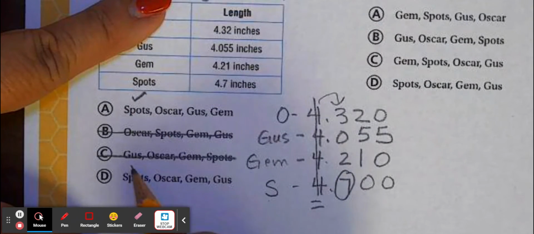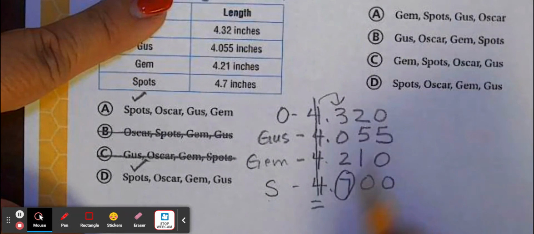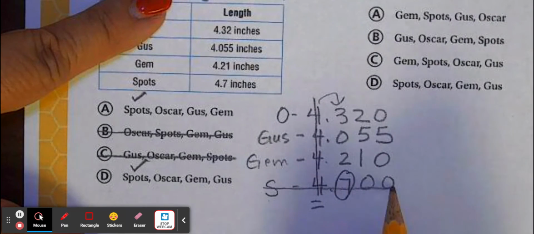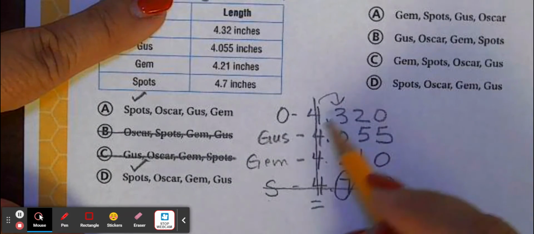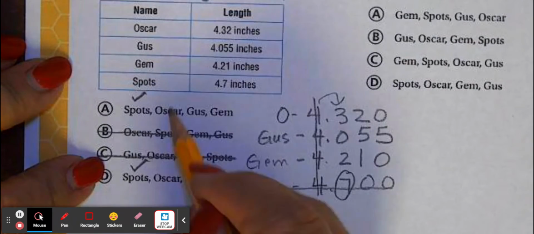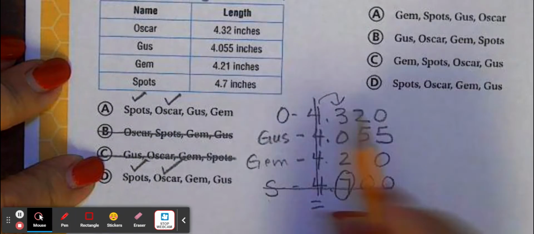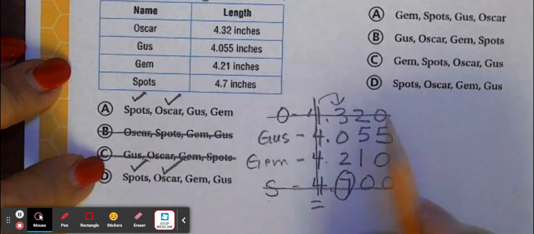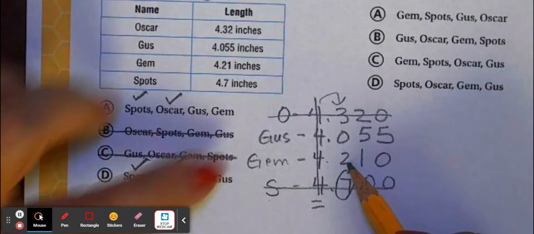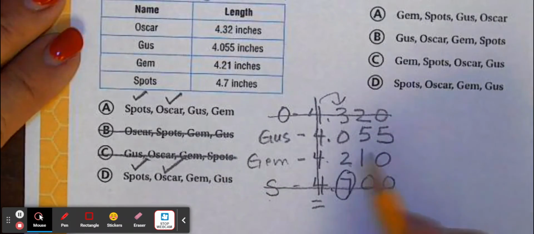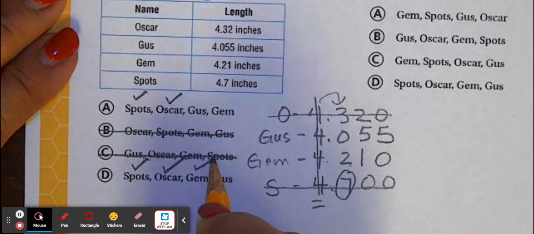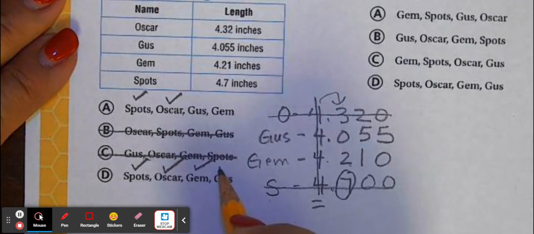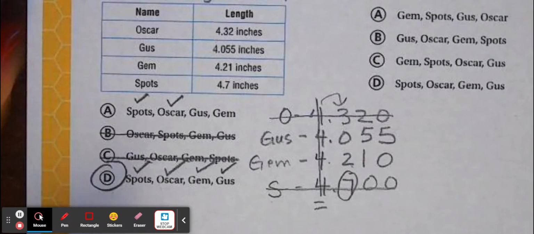This checks and this checks. The next one, I'm going to cross out. The next largest is Oscar, and I have Oscar here and Oscar here. The next largest number is Jem, and then it would be Gus. So the answer is D.